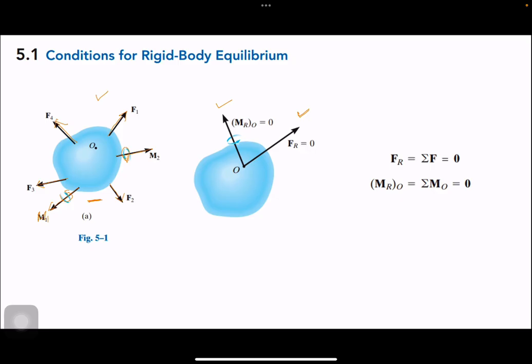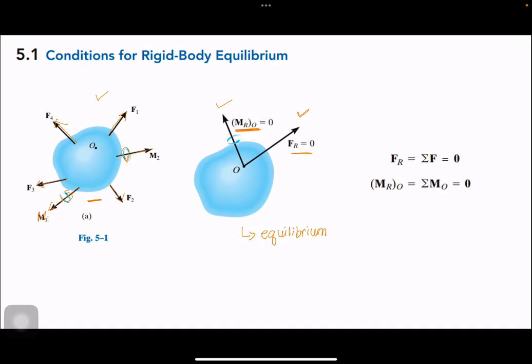Now, if the resultant force is equal to 0, and at the same time, the resultant moment couple is equal to 0, ang mangyayari, if ma-meet yung dalawang to, our body is said to be in equilibrium.